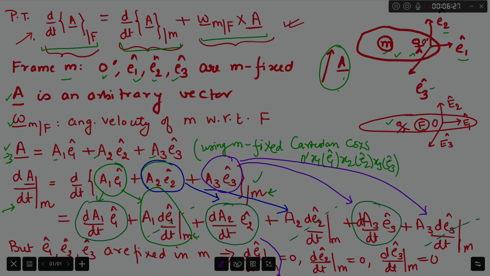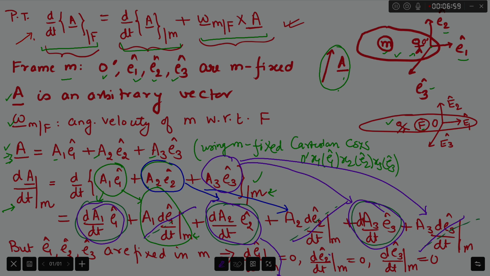It shows dE1 dt with respect to M. Just like this expression here, we have rate of change of E1 vector with respect to M. All these should be individually 0, which means that this will go away, this will go away, and this will go away. We are left with three non-zero terms, which are these.